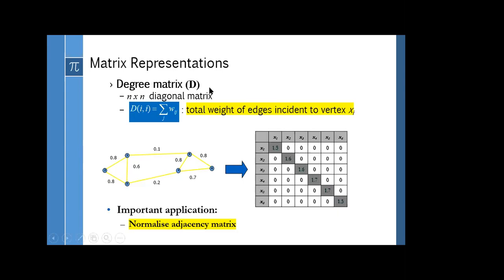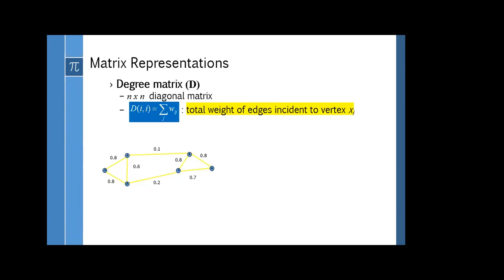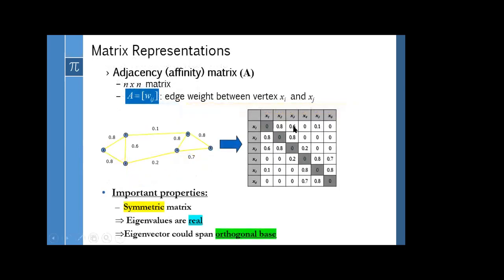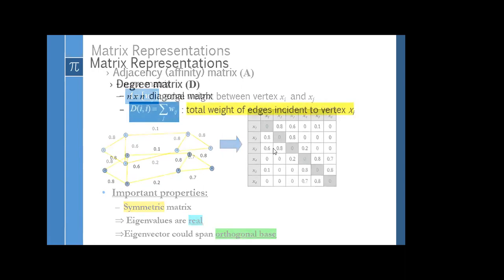On the major diagonal, I had zeros. Now I sum all my weights. So it was my matrix A. I sum all the weights attached to x1, all weights attached to x2, all weights attached to x3, and so on.